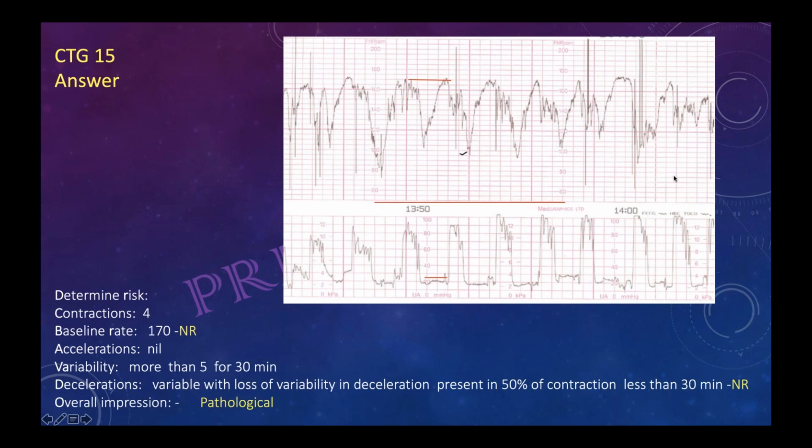Yes, I think you joined late. If the variable deceleration with feature less than 30 minute NR feature, more than 30 minute abnormal feature. Okay. So this trace is less than 30 minute. So these are variable deceleration with feature. So we will put this under NR feature.